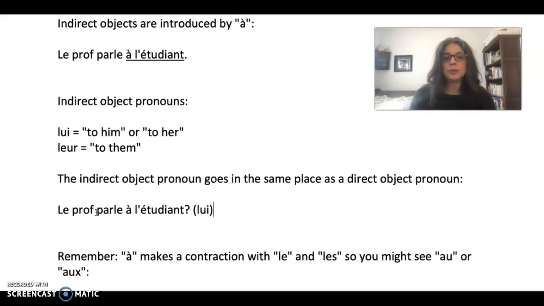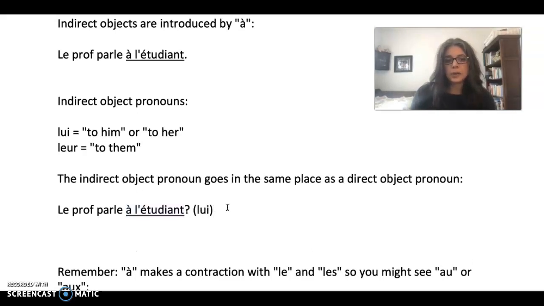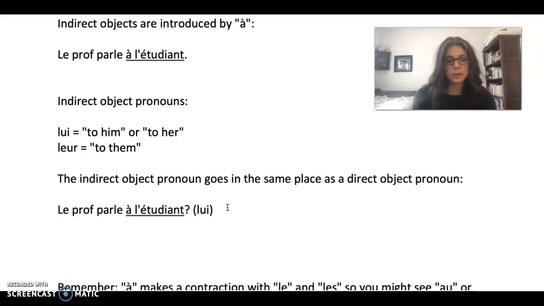So we have le prof parle à l'étudiant. That's a question. Le prof parle à l'étudiant is the teacher talking to the student. À l'étudiant, that whole thing is our indirect object. We can replace all of that with lui so that when we answer this question, we're not being repetitive. So when we answer, we can say, yes, the teacher talks to him.